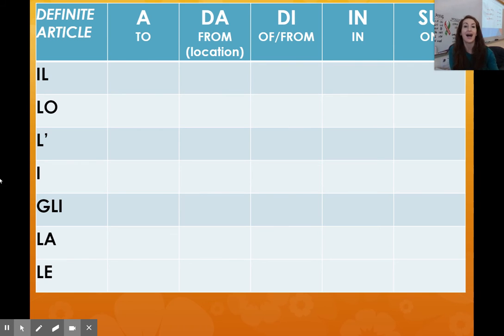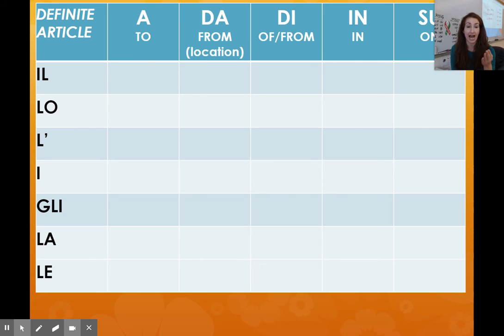Then up top, a, da, di, in, su, those are nostre preposizioni, our prepositions, the ones that combine with articles. So again, if you're wondering, well, why isn't per and con there? It's because they do not combine with articles. Okay. So we'll start one column at a time.